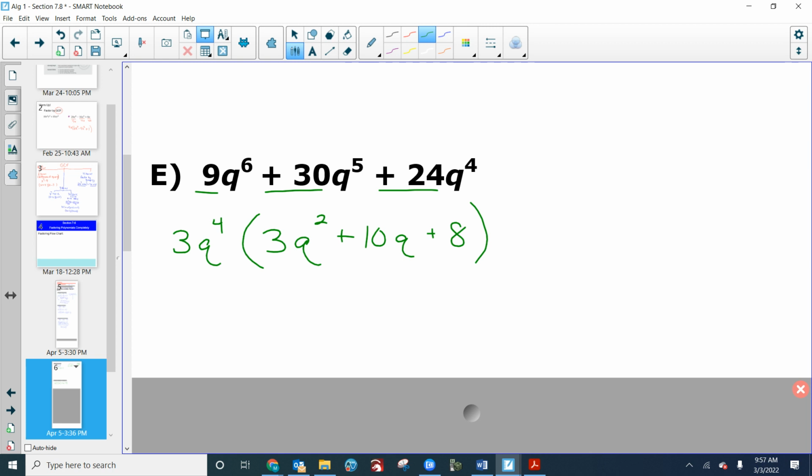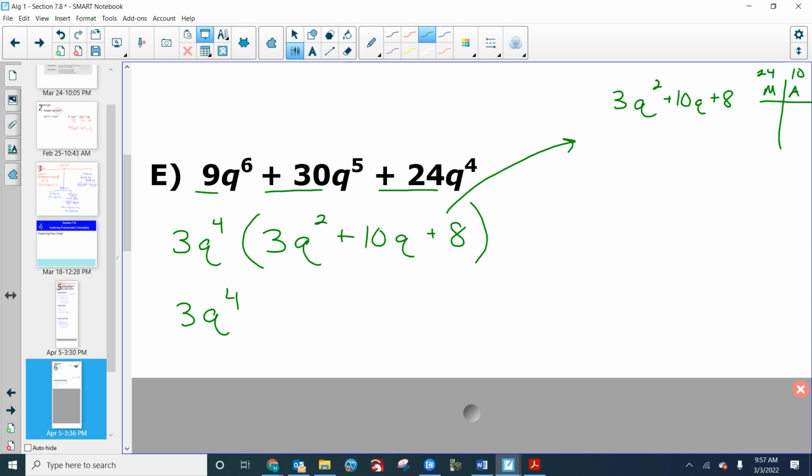Easy. First step. Now, we have to ask ourselves, does this guy factor? 3q squared plus 10q plus 8. I'm looking for numbers that multiply to 24 and add to 10. Ooh, that's easy.